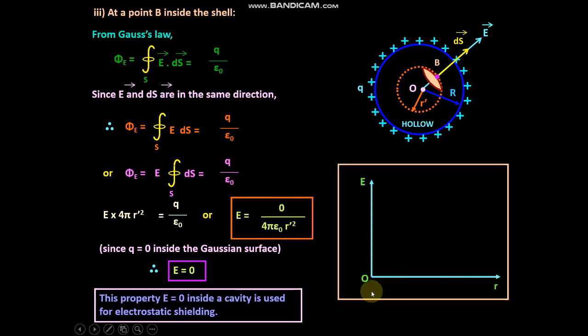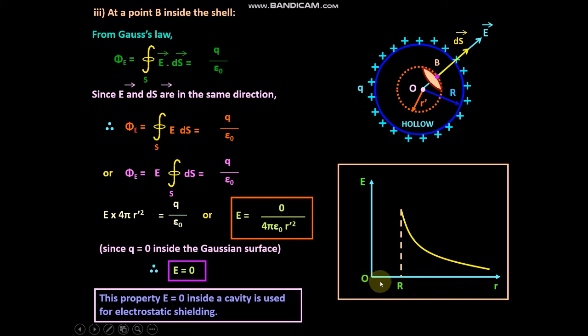If we draw a graph between small r, what is small r? Small r is the distance from the center of the sphere, and the electric field strength, then you will find that the graph is somewhat like this. And here, from here to here, what is the distance? The distance from here to here is capital R, means radius of the sphere.